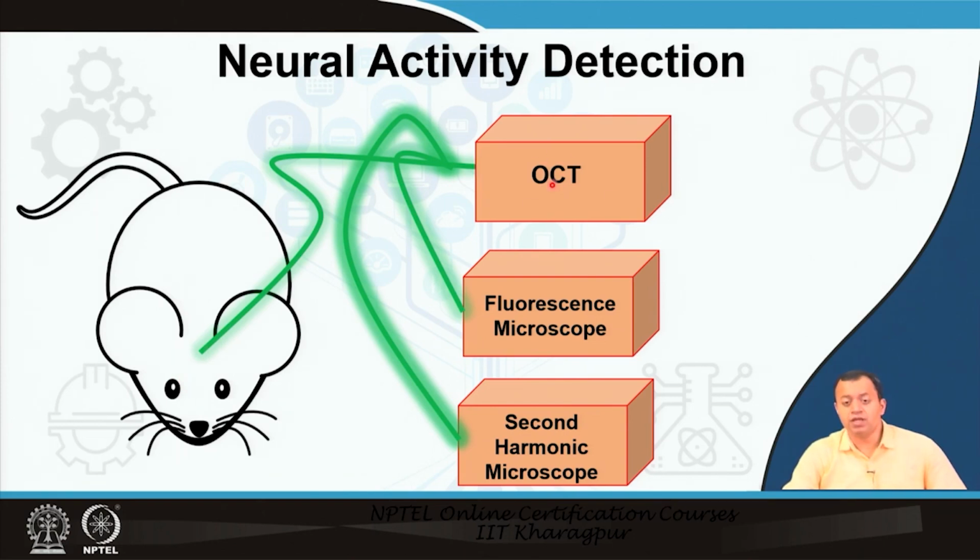Optical coherence tomography, or micro OCT, is very popular these days, where a tomography, a mapping of the surface of the brain is done by sending light.